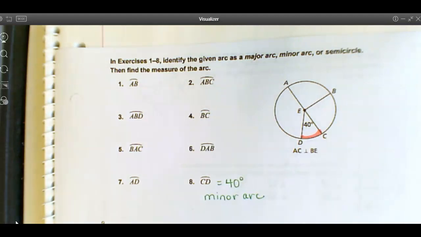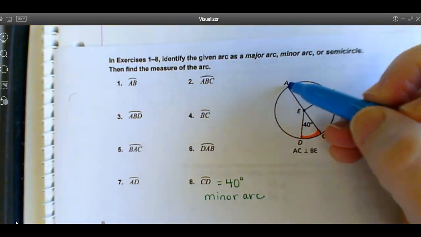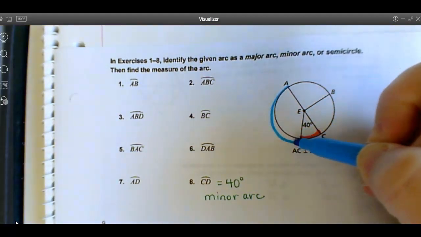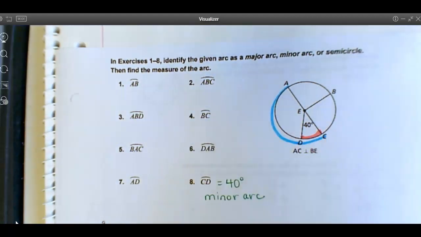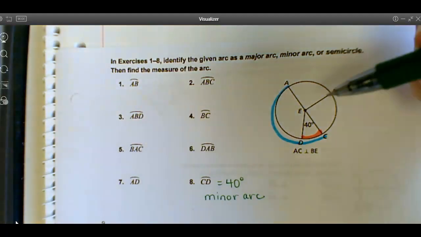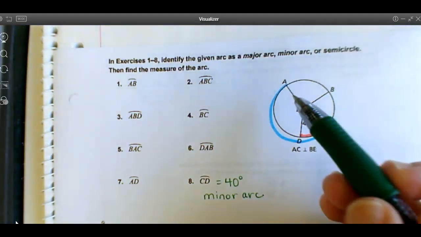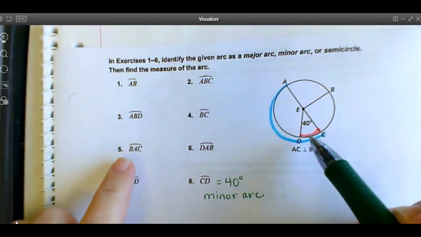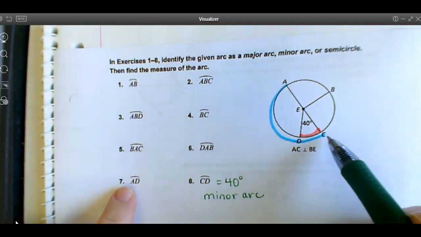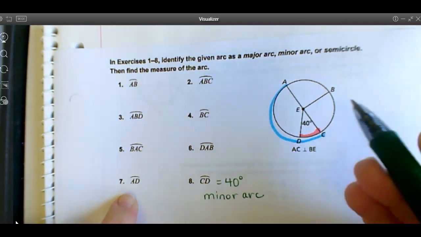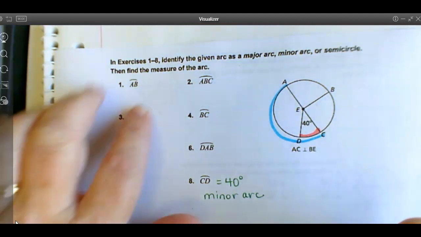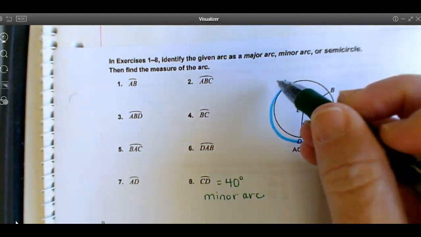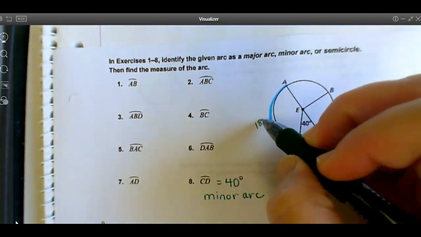I know that if I wanted to go from A to D to C, that's a semicircle, because that right there looks like a diameter. So ADC, let's see if I see that anywhere. Or even CDA. I don't see it anywhere, but I know that's 180 degrees.